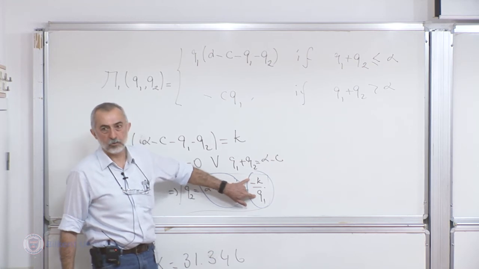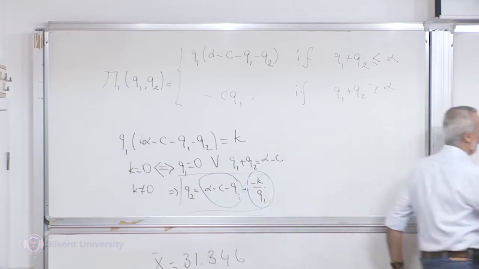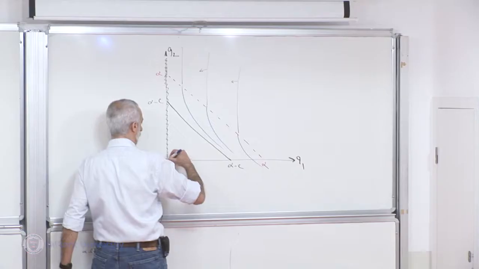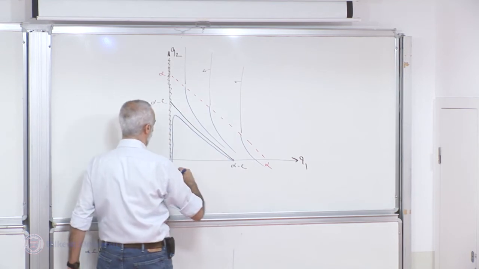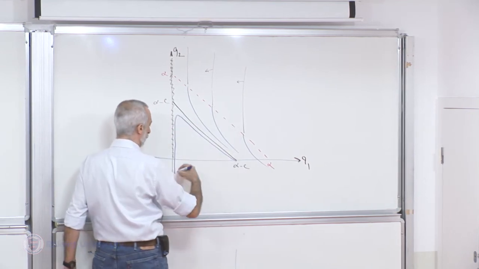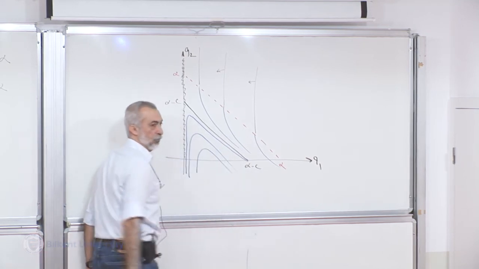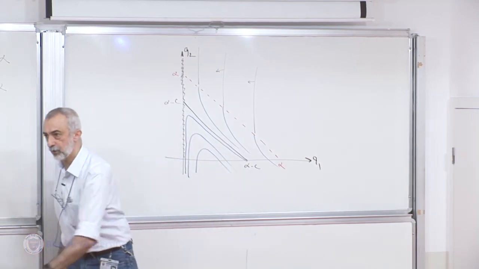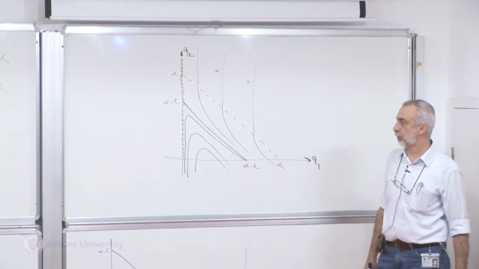But then as q1 increases, this will become negligible. So for very small q, I will have something like this. And for very small k, I will have something like this. And as k increases, this is what I will have. Again, putting an arrow to indicate direction of preferred alternatives is a good idea.